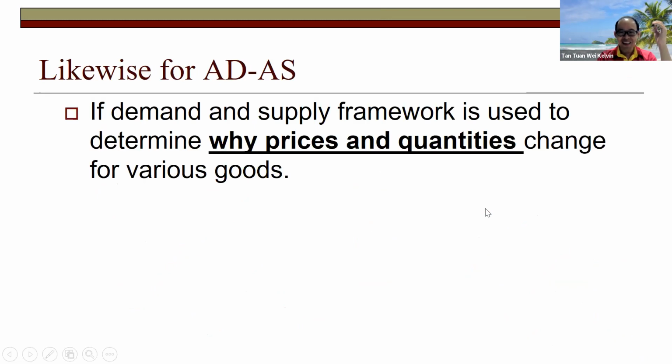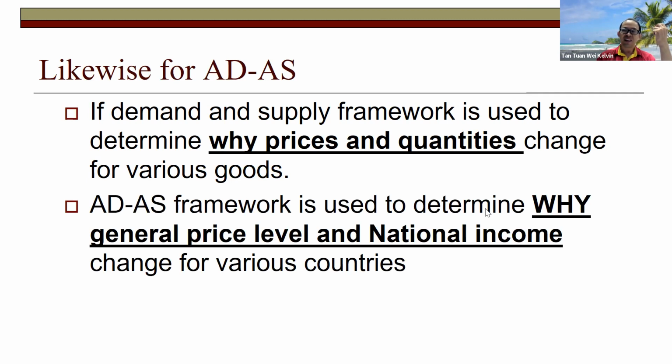Okay, so as I said, think of what you have learned in the first 6 months of your econs. The demand and supply framework is used to determine why prices and quantities change for various goods. If that's the case, the aggregate demand, aggregate supply is used to determine why the general price level and the national income change for various countries.